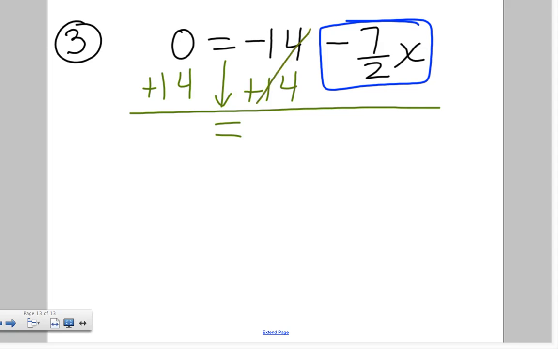All right, so this cancels out. I believe we have this left over. Now, what my students noticed in the earlier hours today is that they had nowhere to extend because X is in the way. You agree with that? So what I showed them, I said, if you want to, you can actually flip-flop the 2 sides. You can put -7/2 x on the left-hand side and 14 on the right-hand side.